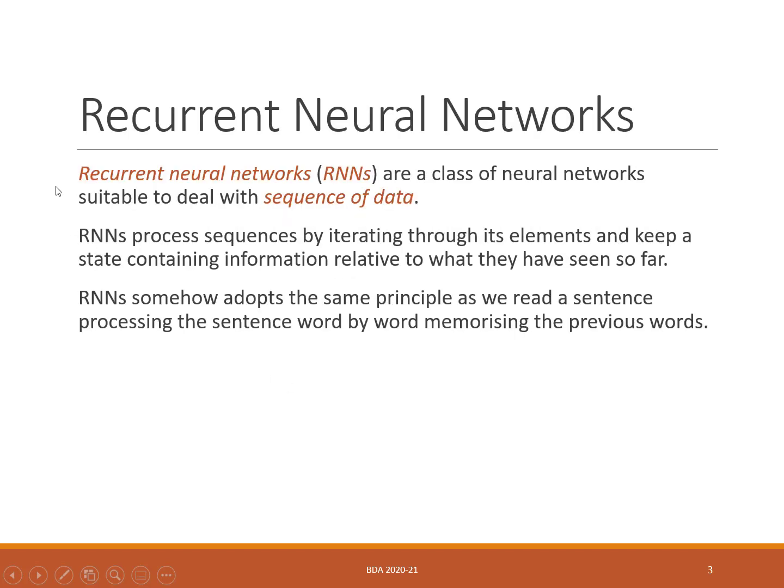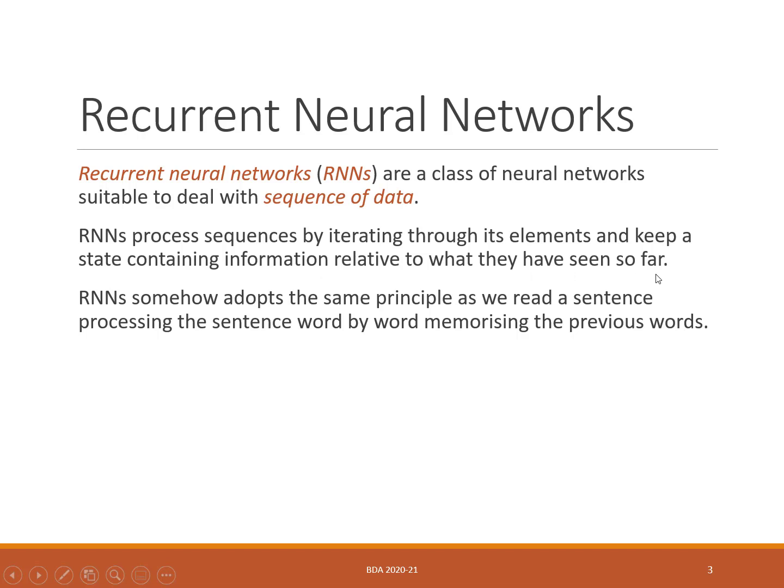Today, I want to introduce recurrent neural networks or RNNs, a class of neural networks suitable to deal with sequences of data. An RNN processes sequential data by iterating through its elements and keeps a state containing information relative to what it has seen so far.